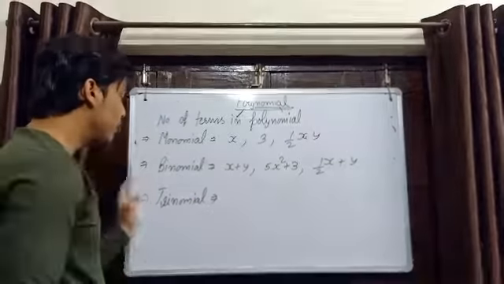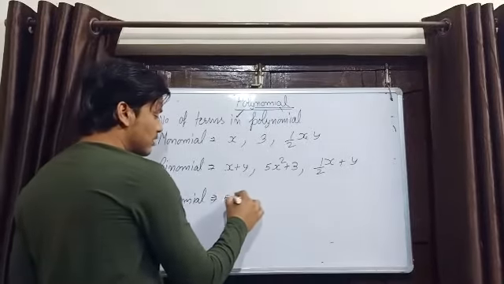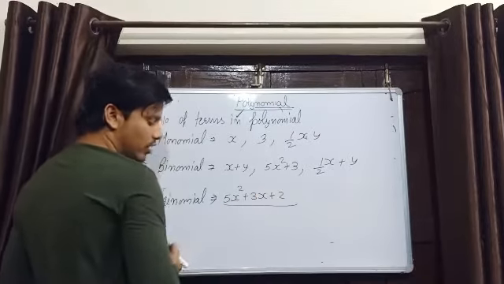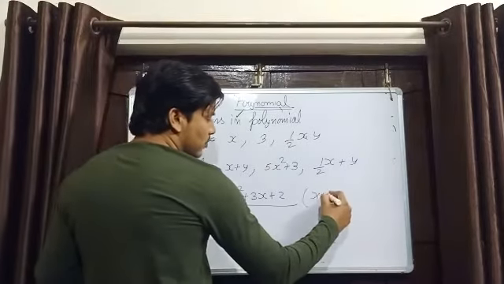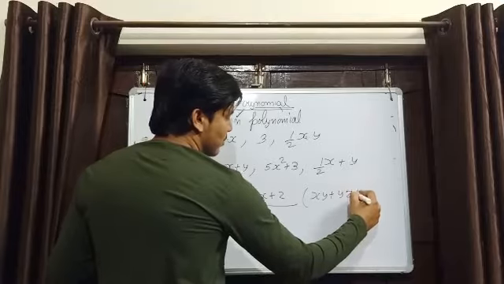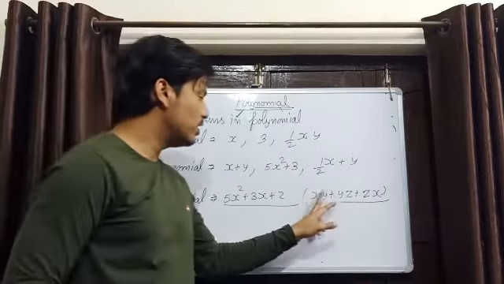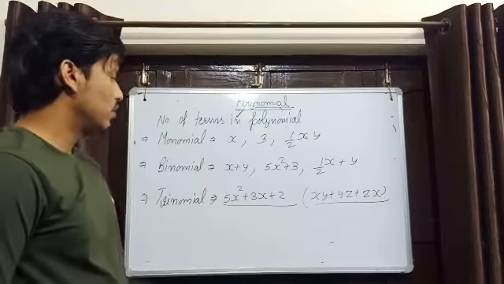And trinomial contains three terms, like 5x square plus 3x plus 2. This is a trinomial. Okay, or xy plus yz plus zx. These are trinomials because there are three terms: one term, two terms and three terms.